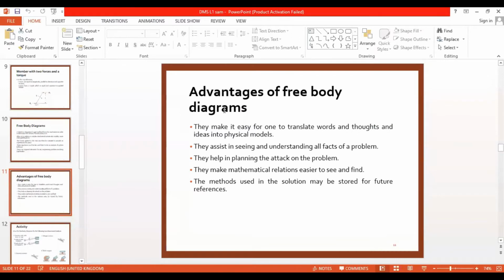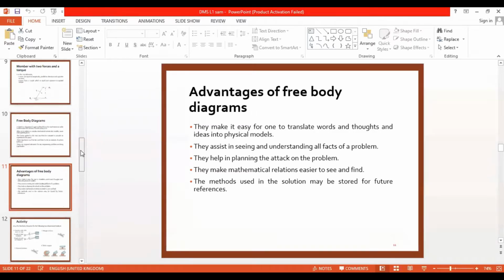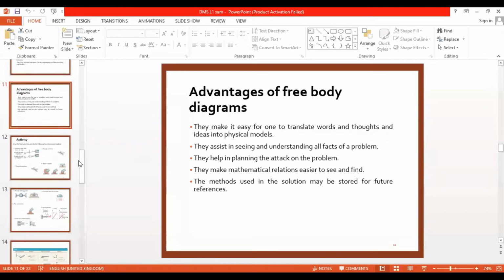So now we'll see what the advantages of free body diagrams are. They make it easy for one to translate the words and thoughts and ideas into physical models, right? So if we draw a physical diagram, there we can mention all the parameters which are given, maybe the length or the force or any distance, mass, any data we can draw in the diagram, right?